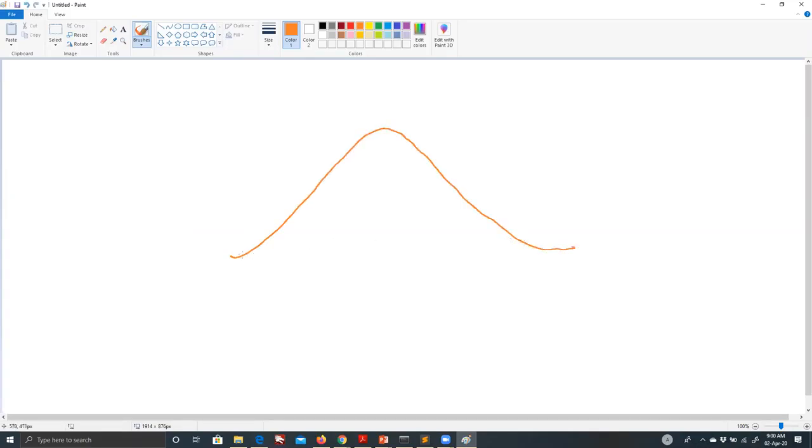So assume this is a normal distribution, and you have your axis, of course. Here is your mean, mu. This is the problem statement that you have to understand.